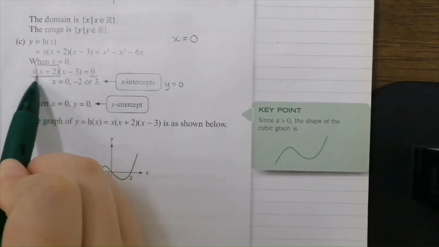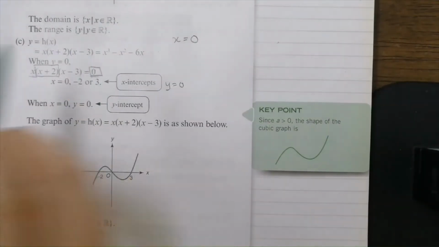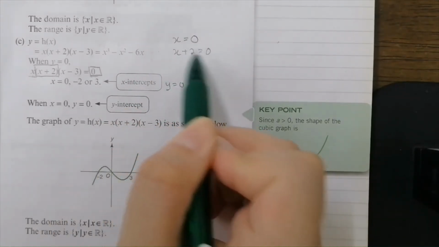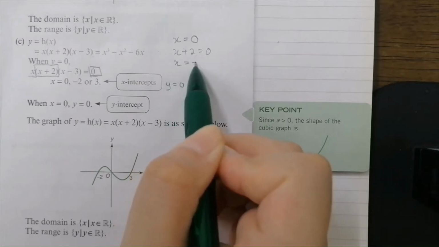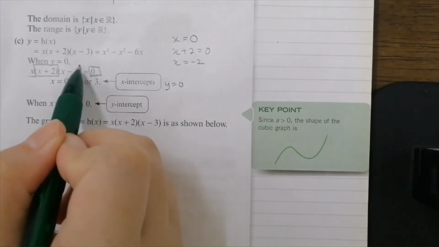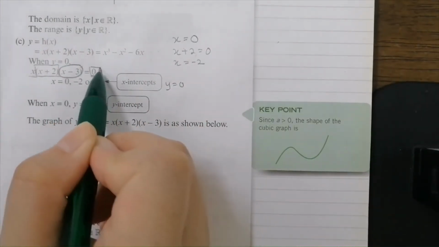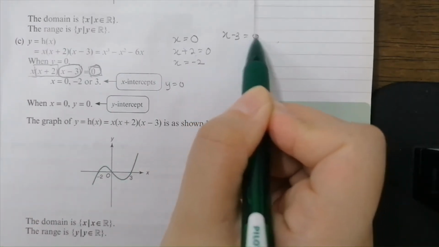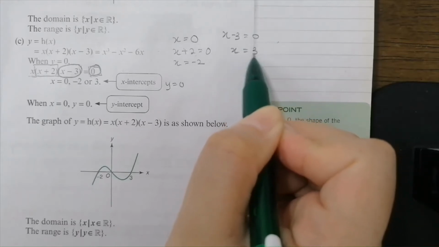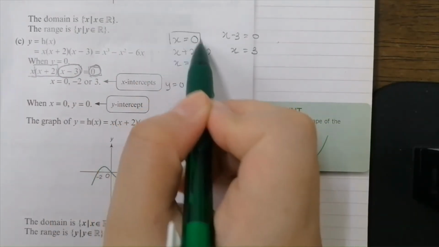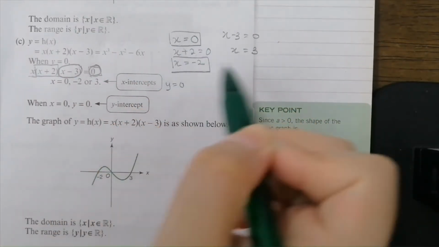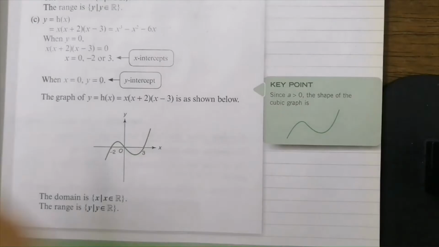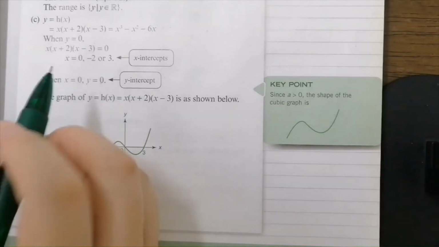X plus 2 equals to 0, x equals to negative 2. X minus 3 equals to 0, x equals to 3. We have 3 x-intercepts.